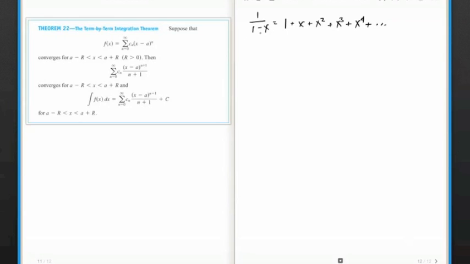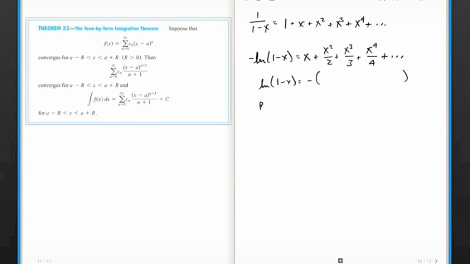Well, if I were to integrate this side, what is that? That's the natural log of 1 minus x. But there's a negative sign there, so I can make that negative. Equals, I integrate this thing, that becomes x plus x squared over 2 plus x cubed over 3 plus x to the 4th over 4 plus dot dot dot. And if I multiply it all the way through by a negative, you get natural log of 1 minus x equals negative of all this stuff.